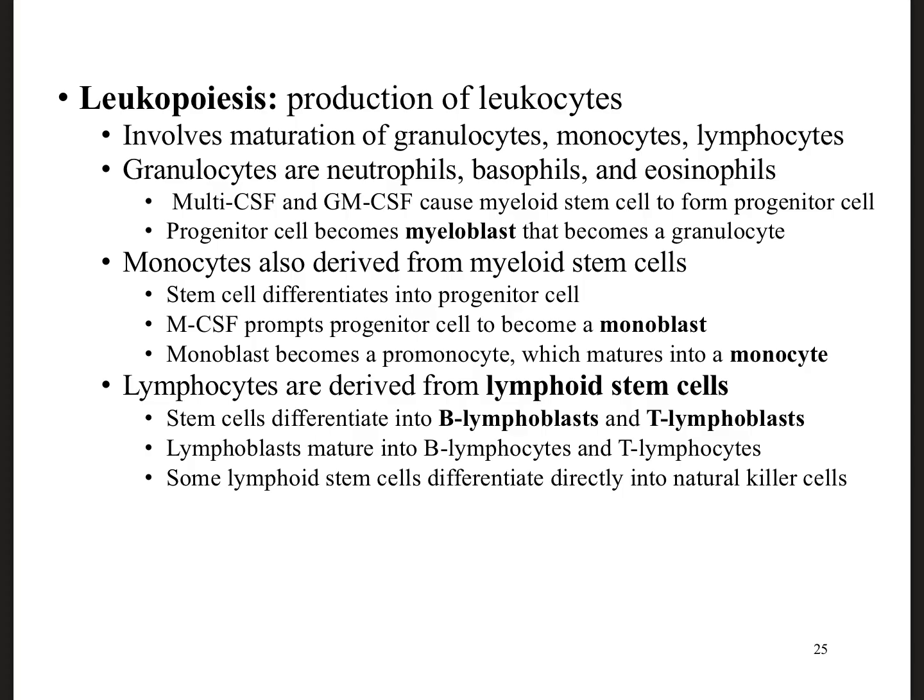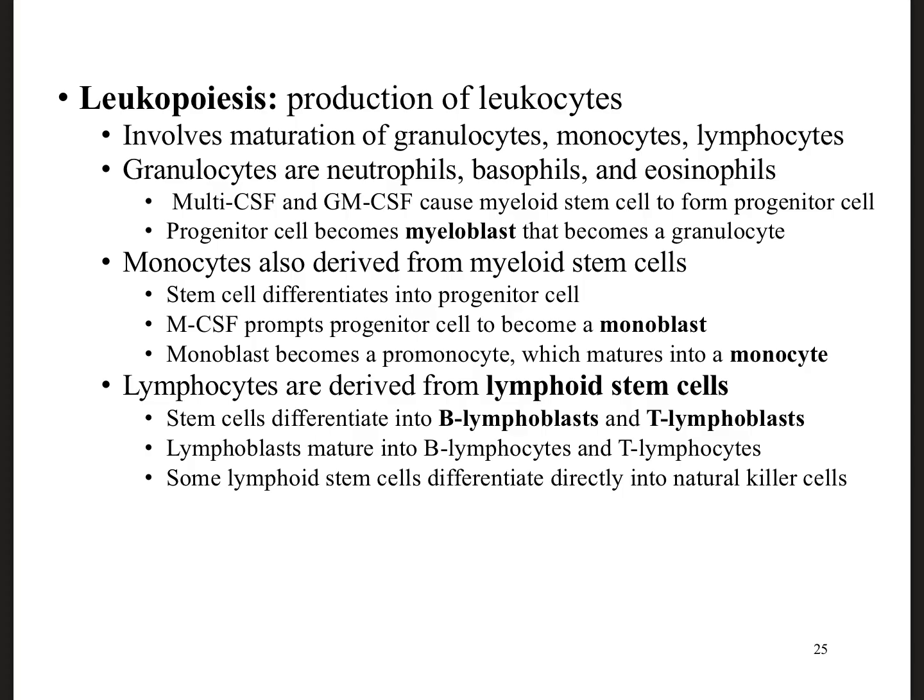Your granulocytes are the neutrophils, basophils, and eosinophils you will see in a normal blood cell, and they derive from the myeloid stem cell line. Monocytes are also derived from the myeloid stem cell line. They need macrophage colony stimulating factor, and it forms a monocyte, a large cell.